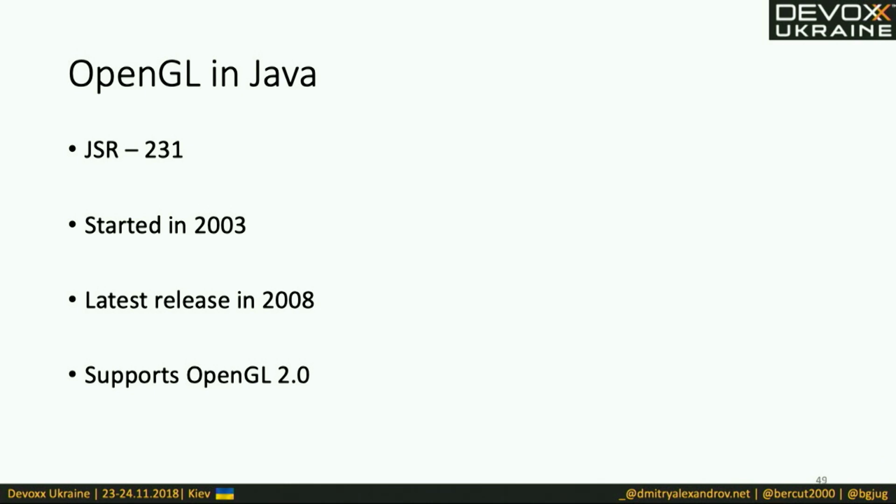We don't write games in Java. Java is a virtual machine, Java is very slow, they said in 2008. And so they said, okay, we don't need this standard anymore. So it actually ended its life as a JSR in 2008.